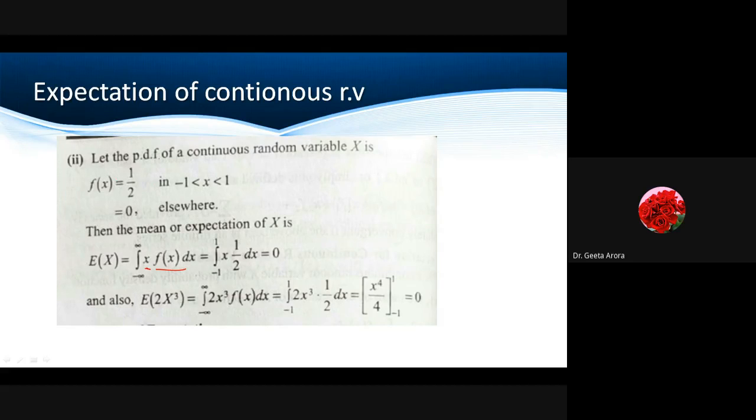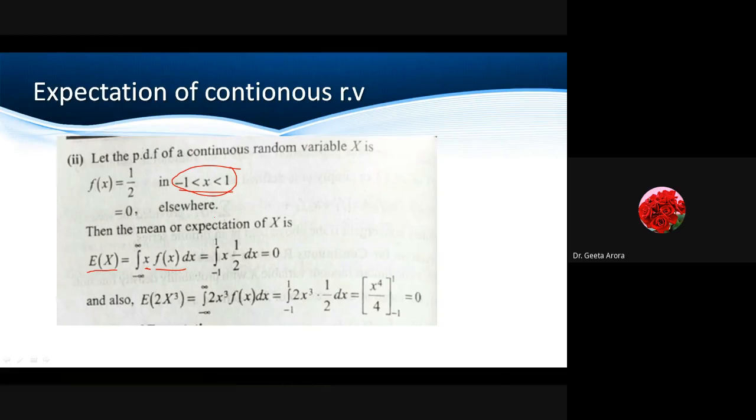So here, if f(x) is defined as 1 by 2 in the interval of -1 to 1, and it is 0 otherwise, then what is the mean or expectation of x? So how are we going to calculate it? It is given by the integral from minus infinity to infinity of x into f(x) dx. This is the formula for the continuous one. We write it from -1 to 1, because it is defined only for -1 to 1, not for any other point.